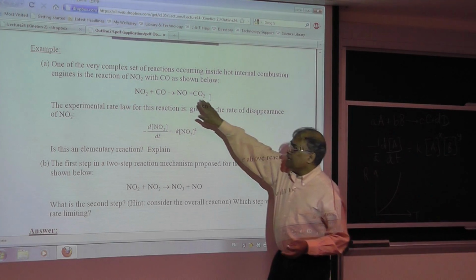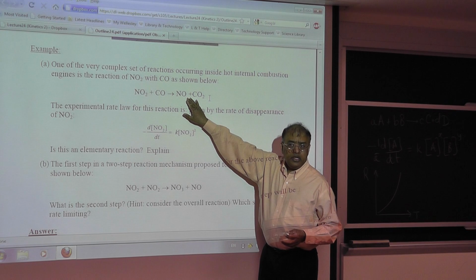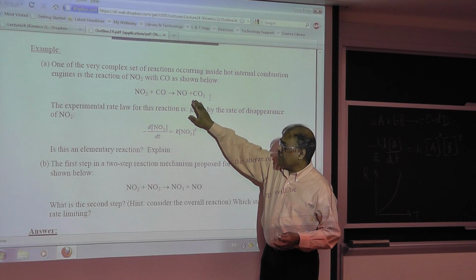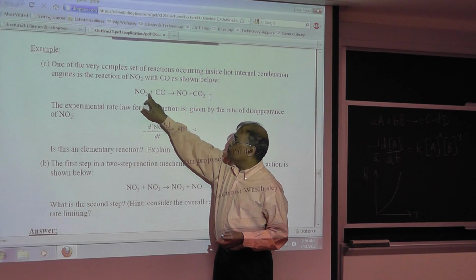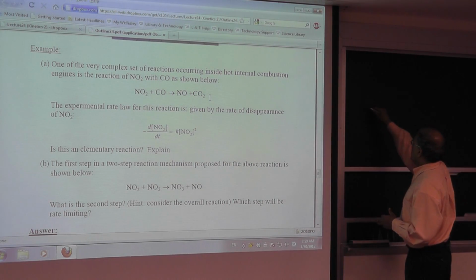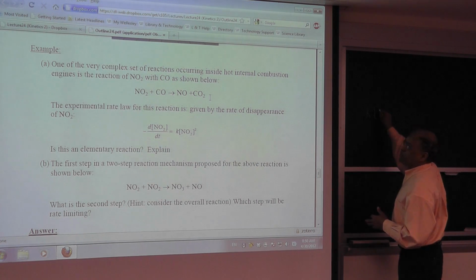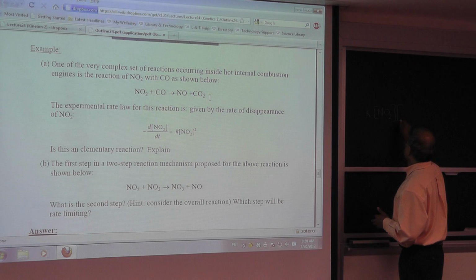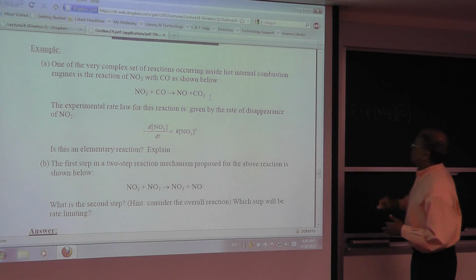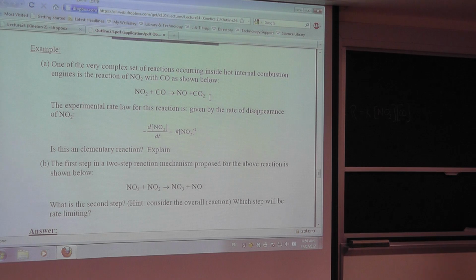If this was an elementary step, you can immediately write down what the rate law is going to be, and that would be k times NO2 times CO. So the rate law would be k times NO2 times CO. But it's not.